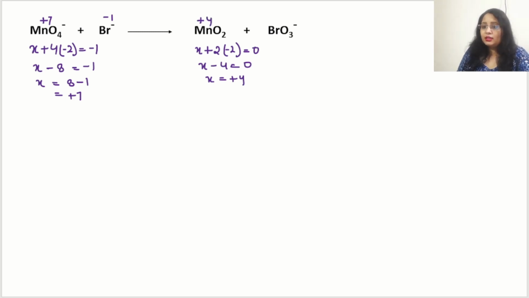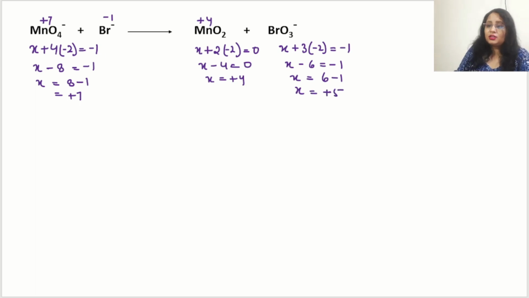In the same way we count for bromine. Assume X plus 3 times minus 2 is equal to minus 1. So X minus 6 is equal to minus 1, X is equal to 6 minus 1, that is plus 5. This is the oxidation state of bromine on the right hand side.